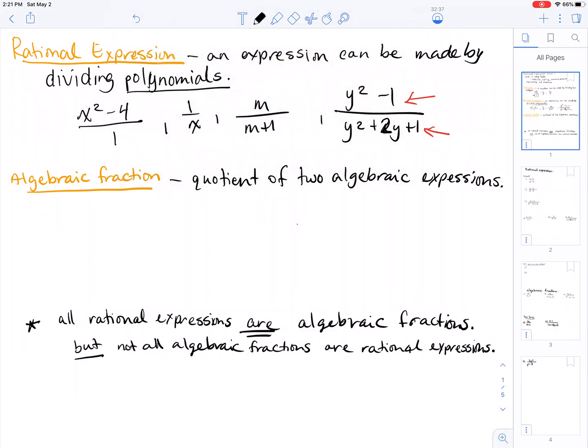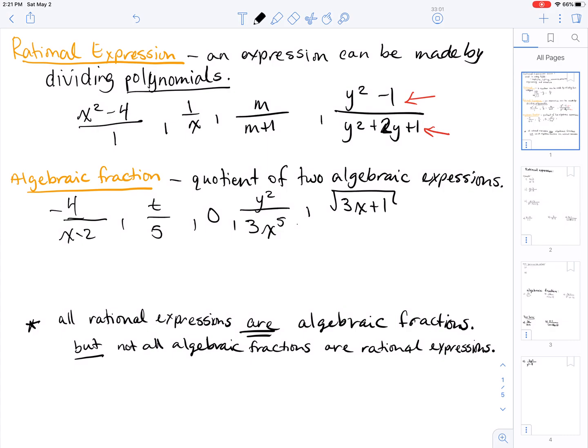Some other examples would be minus 4 over x minus 2, or t divided by 5, or 0. That also is an example. Two more examples: y squared over 3x to the 5, or even square root of 3x plus 1 divided by x squared.